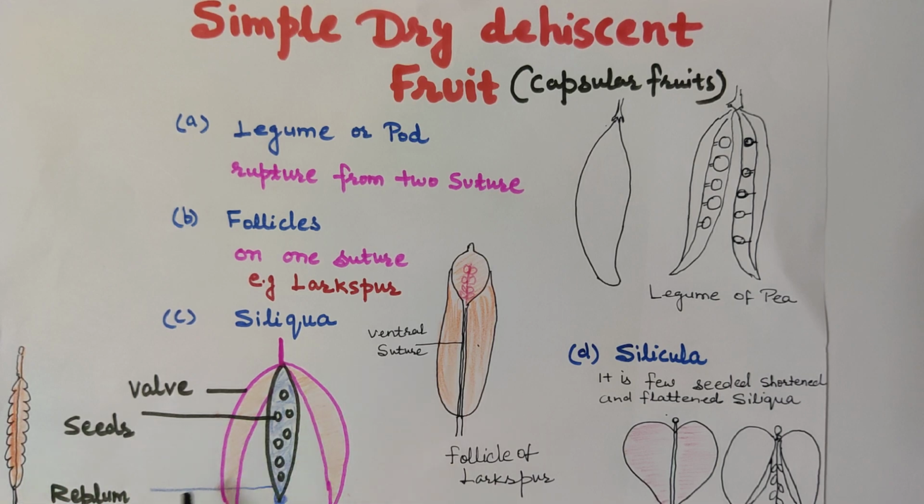We call that septum replum. When the fruit matures, splitting starts from the base and progresses towards the tip. How does the fruit open? The two valves open and expose the false septum, called the replum, on which seeds are present. So an example of siliqua fruit is mustard.